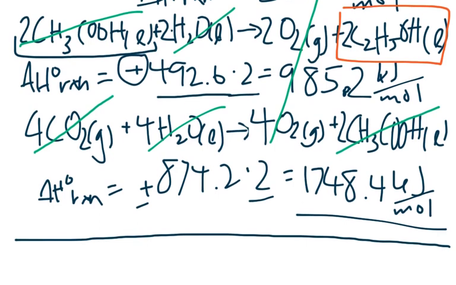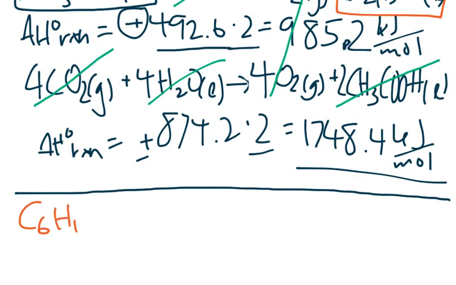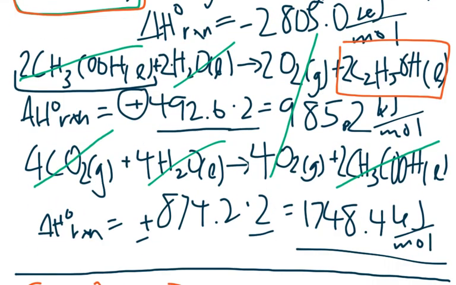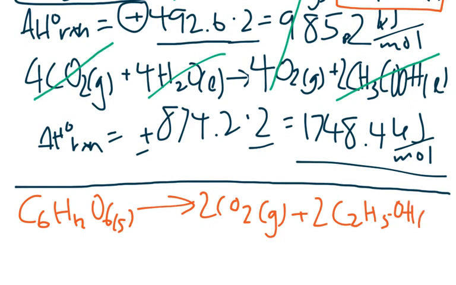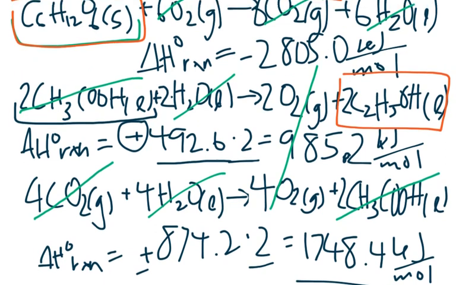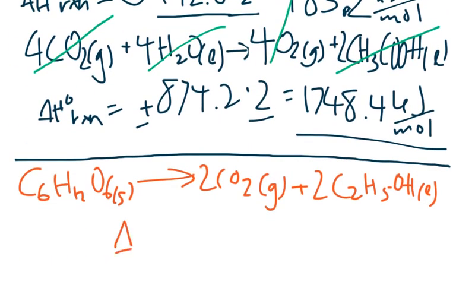So because all this adds up to C6H12O6 solid becomes 2 CO2 gas plus 2 C2H5OH, then that means that we could use Hess's law, which states that the sum of the delta H's of the individual reactions will add up to the delta H of the net reaction. So let's get going and do that.